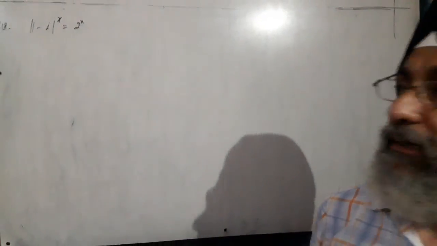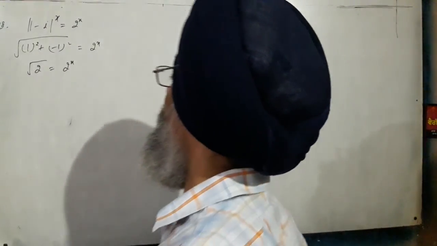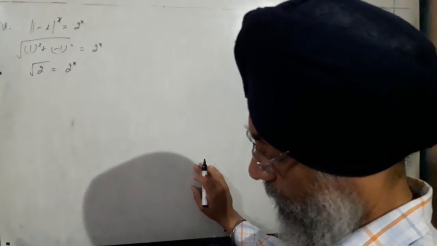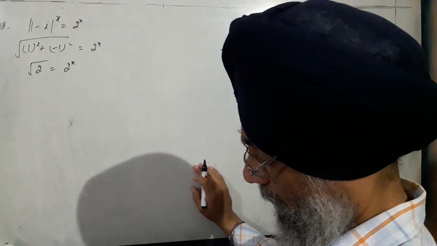Now 1 minus iota is a complex number. The mod of a complex number is given by the square root of the sum of squares of the real and imaginary parts, so it becomes square root of 2 to the power x.